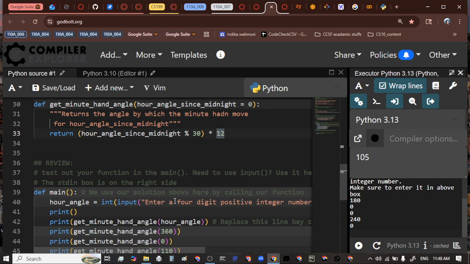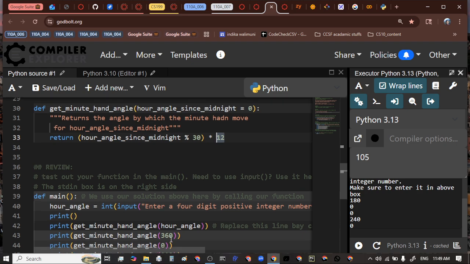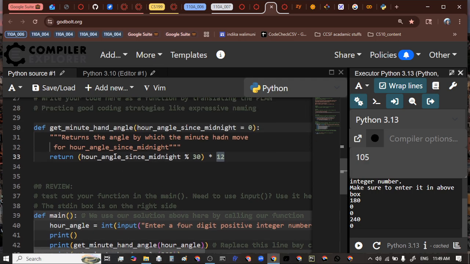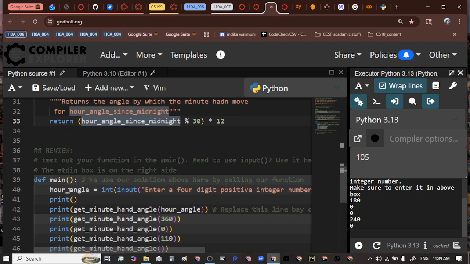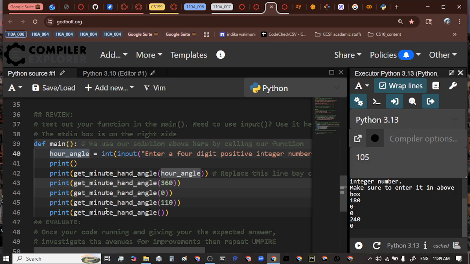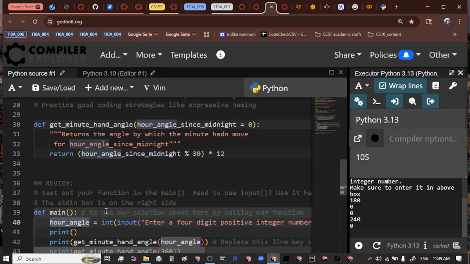But it's asking for a name other than a variable name. These are all variable names.